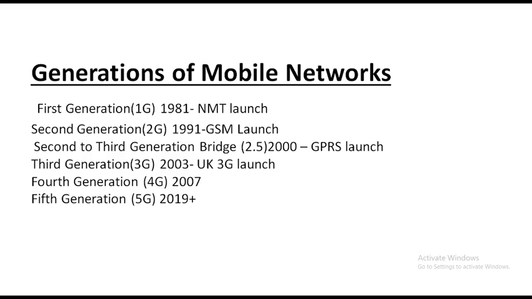One technique to obtain data rates between 384 kilobits per second and 2048 kilobits per second. Because of using WCDMA technology, the data transmission rate increased from 384 kilobits per second to 2048 kilobits, which means 2 megabits per second.